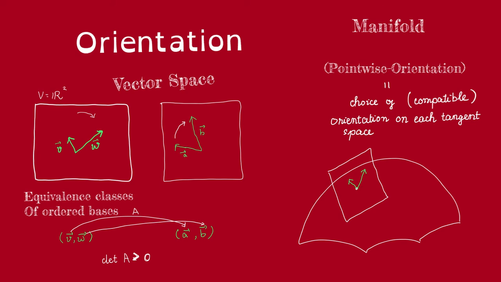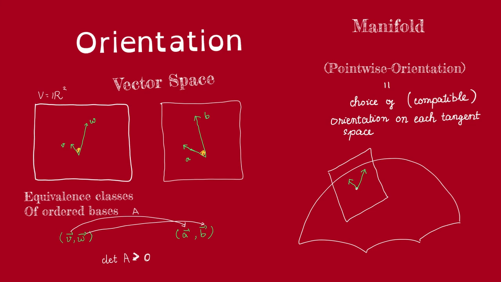Well, let me just define the equivalence formula first, and then we'll give some intuition for this formula. We'll say that this ordered basis is equivalent to this ordered basis if the change of basis matrix has positive determinant. And here, remember, the change of basis matrix is the linear transformation that sends V to A and W to B. And we say that these two ordered bases are equivalent if their change of basis matrix has positive determinant. For some intuition, let's just look at the case when these angles are the same, right?